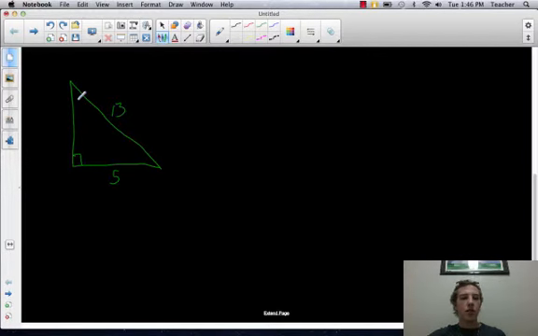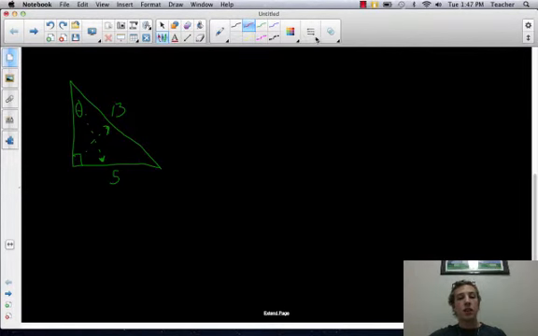Let's do angle theta from this angle. Now, remember that because angle theta is in here, the 5 is now the opposite because it's the farthest away from the angle. 13 is still the hypotenuse. It's the one across from the 90-degree angle here, and it's always the longest side. So that's easy to remember.